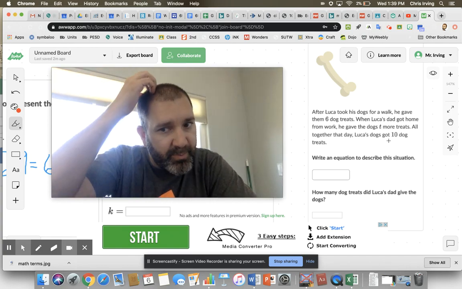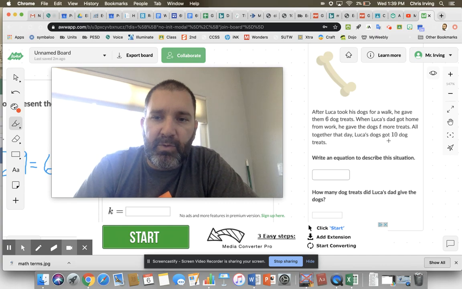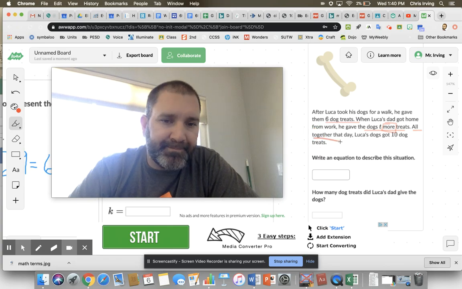All right, this problem here is full of clues, and it just comes down to being able to identify those clues. The dog already got 6 treats. His dad got home. He got T more. That word right there, more, should really be giving you a good indication as to what we're doing here. Also, take a look at this phrase, all together.